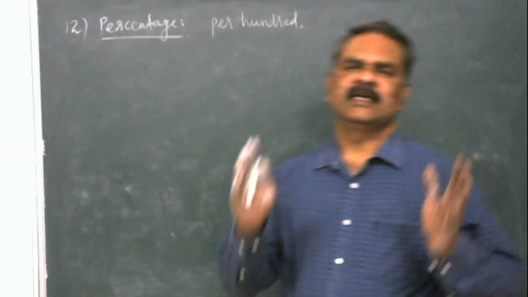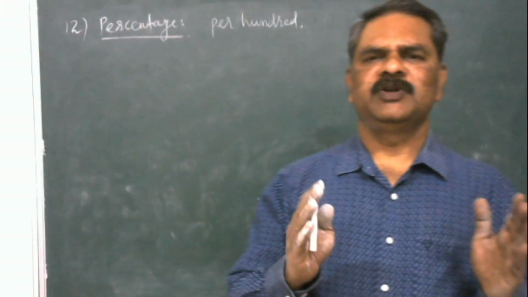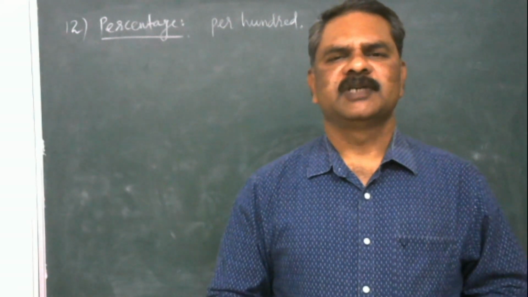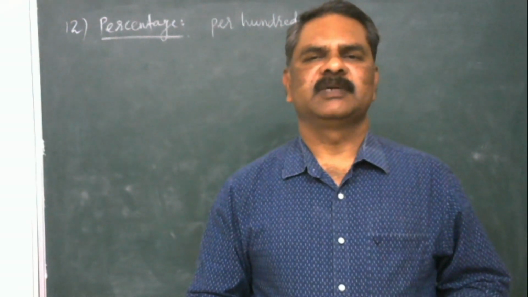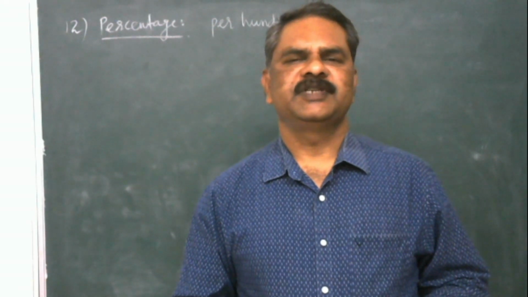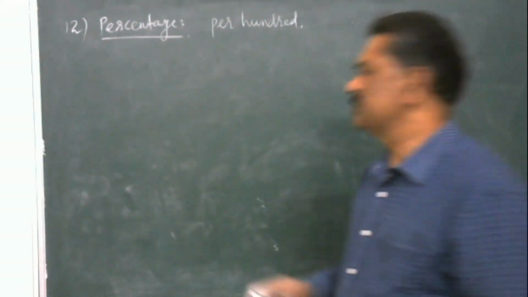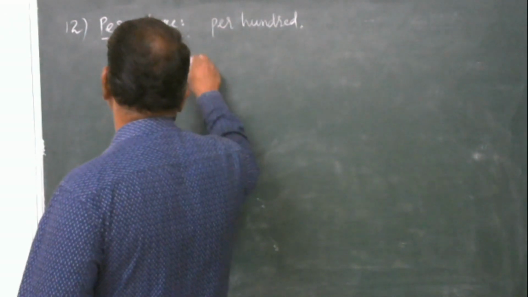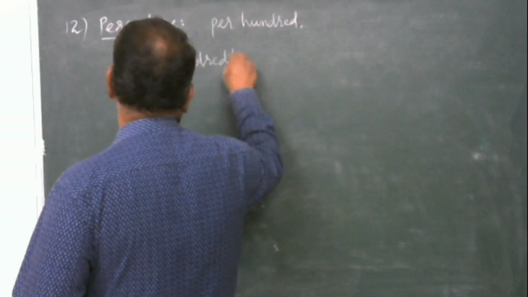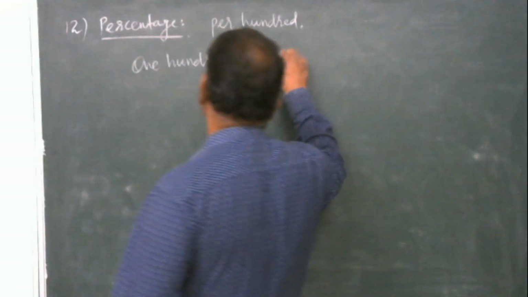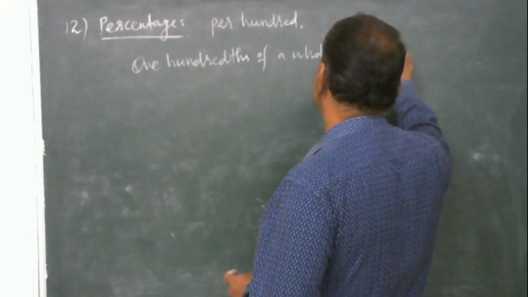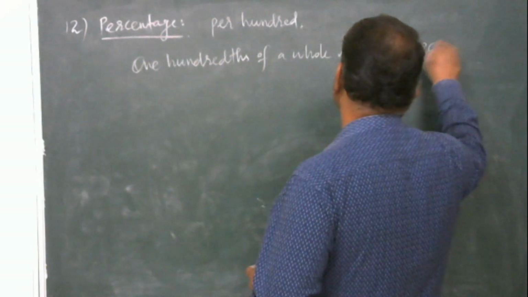Whatever things you have, you divide that whole thing into 100 equal parts. Then each part is called a percentage. So we say that 1/100th of a whole is called percentage.